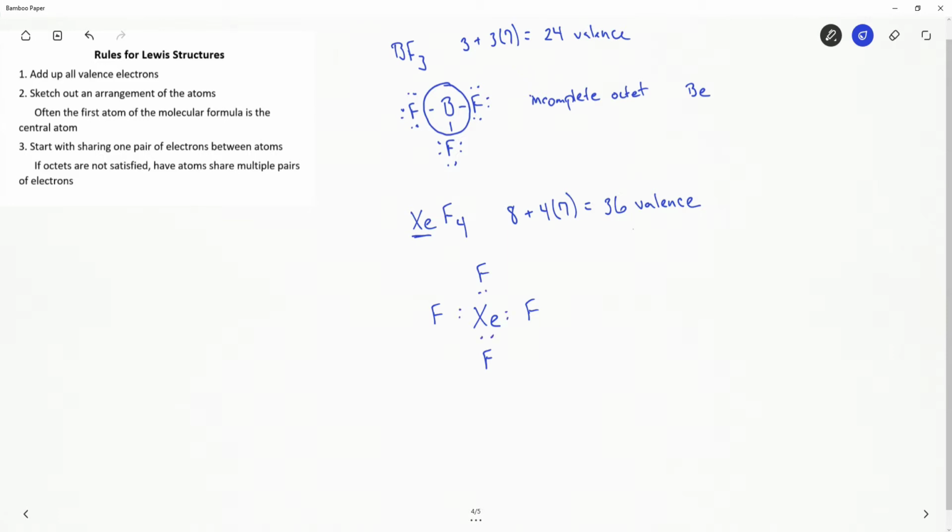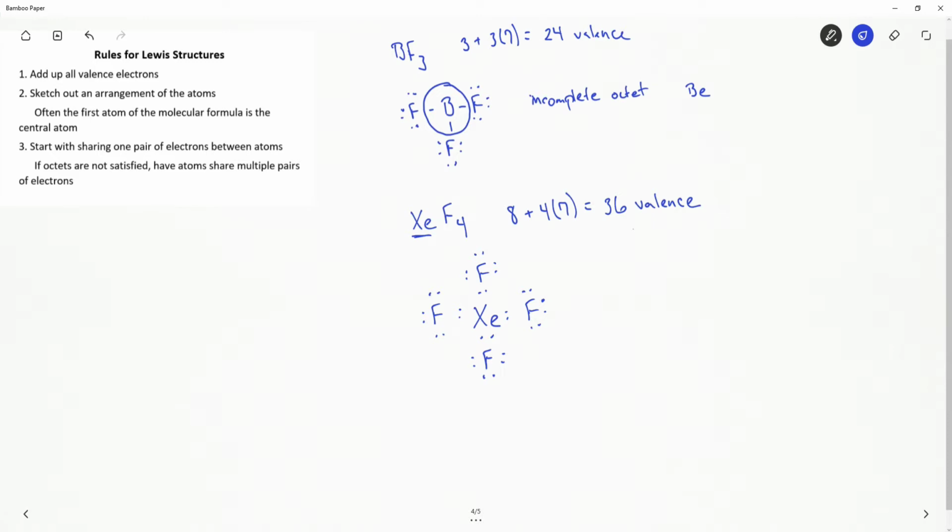That is 8 electrons. Okay, let me add in lone pairs. And you can see I have a problem. I have satisfied everybody's octet, but I still have 4 valence electrons.